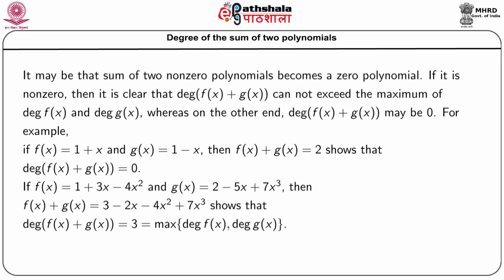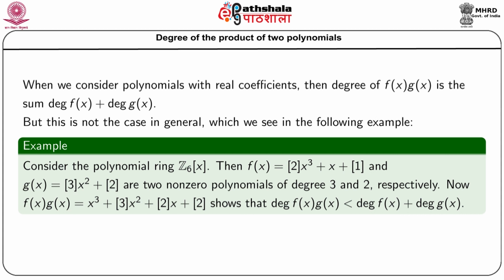Before going to the detail of the proof, let us see the product of two polynomials. In the case of the product also, the degree of f(x)g(x) is always less than or equal to the degree of f(x) plus the degree of g(x).